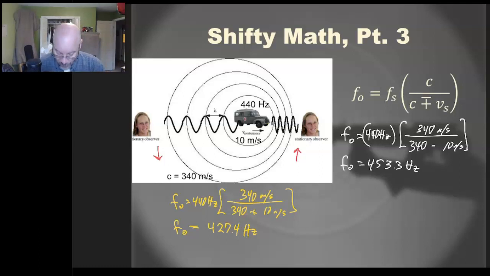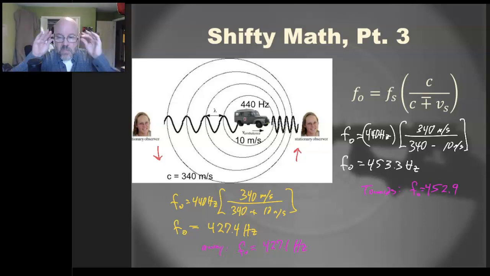Back in Part 2, when they were moving towards each other, we found f naught to be 452.9, and when they were moving away from each other, we found f naught was equal to 427.1. That's a little bit hard to see, I apologize. Hopefully that's okay.